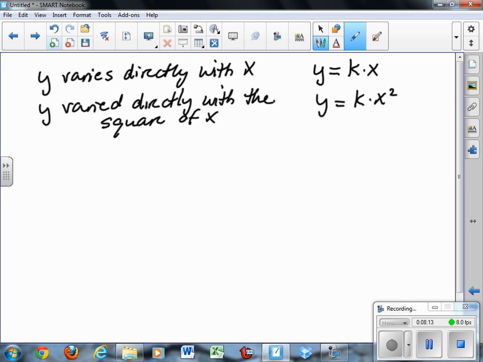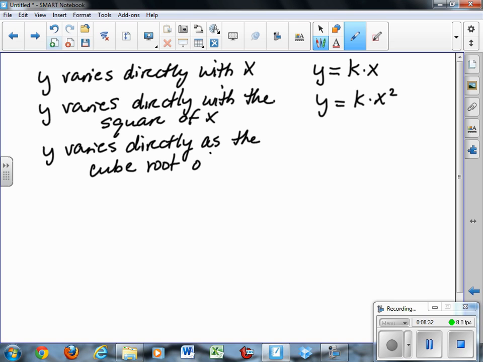Y varies directly, and sometimes they use the word as instead of with, directly as the cube root of x. So we'd say y is equal to k times the cube root of x, or y is equal to kx to the 1/3. So that's a power function as well.